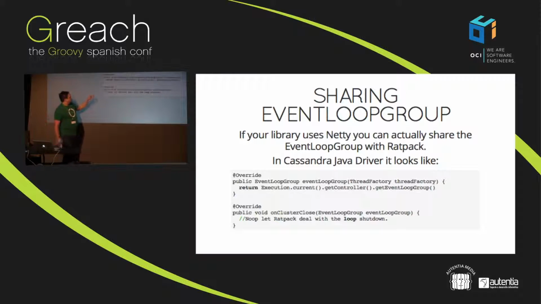So what you can do is use Execution.current, which will get you the current execution in Ratpack, and then you can get the controller and get the event loop group, and that gives you something out of Netty that you can pass into other Netty configs. In the case of the Cassandra library, we have this little DSL to return the event loop group that we want to use, and they'll use that inside their setup.